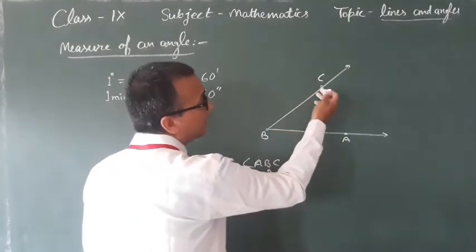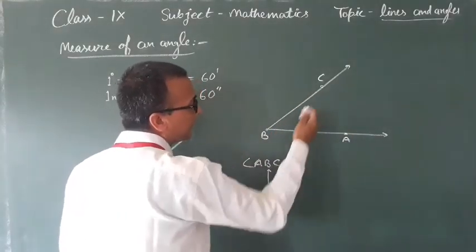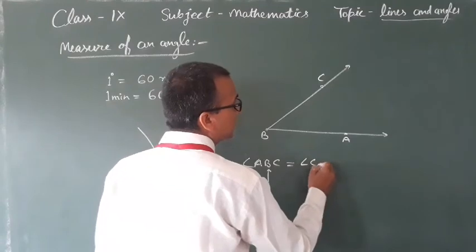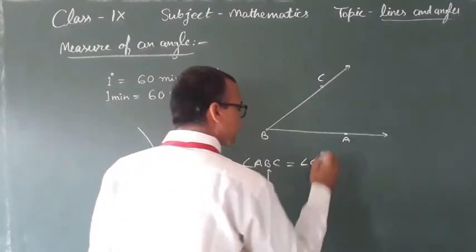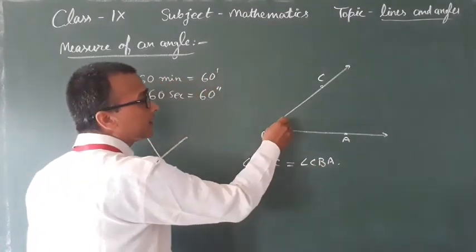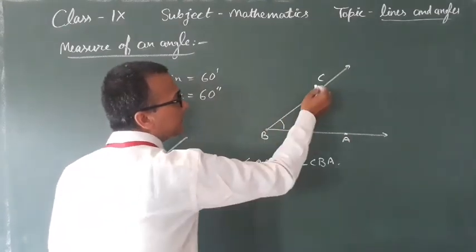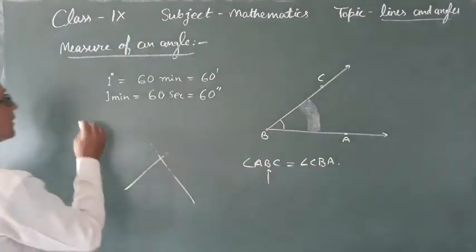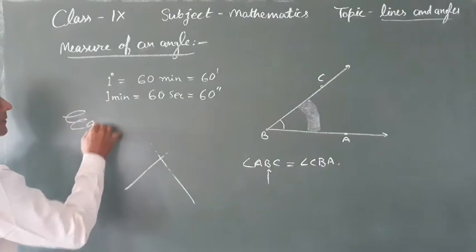This angle ABC can be written as angle CBA. There is no difference between ABC or CBA, they are equal angles.